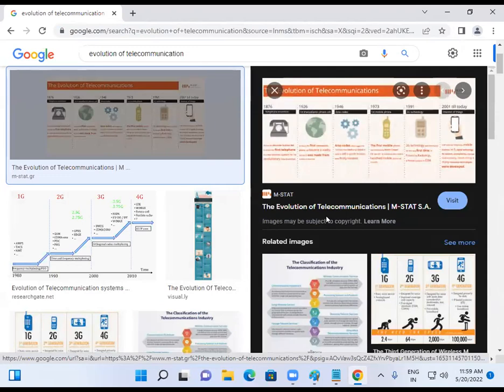In the olden days, which phone was used for communication? Later, which phone was used? Next one? Next, smartphone. What is this called? Evolution of telecommunication. Evolution means step-by-step development.